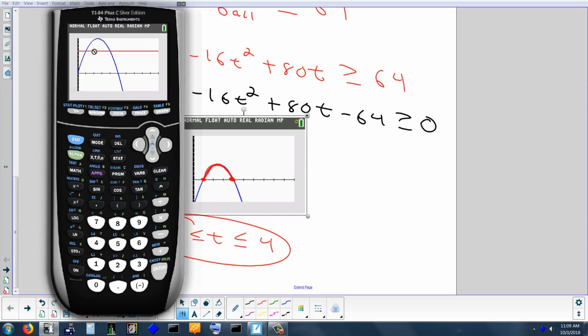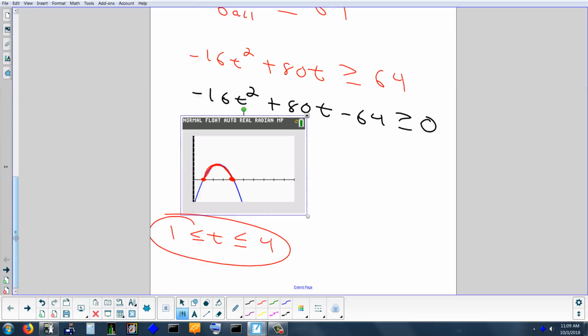That's when the ball is above 64. We moved the 64 to the other side, so we were looking when it was above 0. But if you do second calc intersect, blue, red, do the guess, I won't do the other one, but you get exactly the same answer that I got the first time. 4 seconds. So on the way back down, it hits 64, and on the way up, it hits it at 1 second. It's anytime between 1 and 4 seconds.